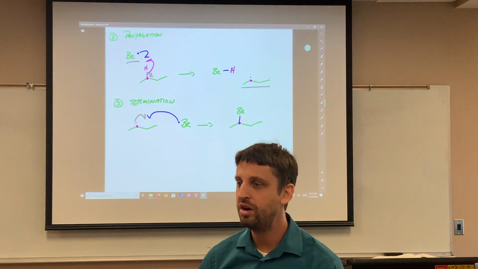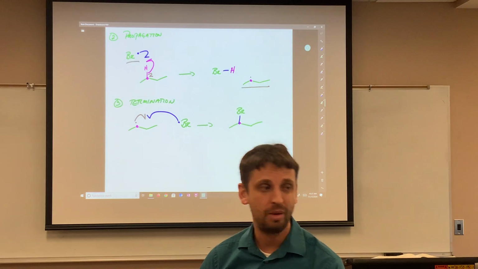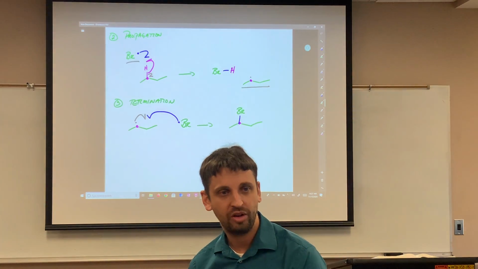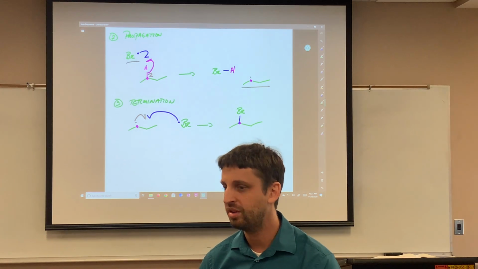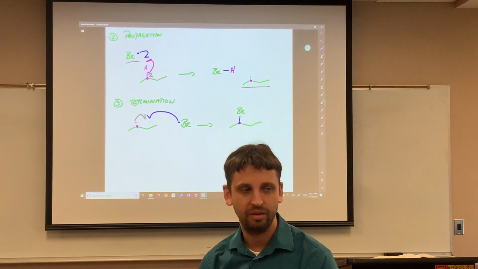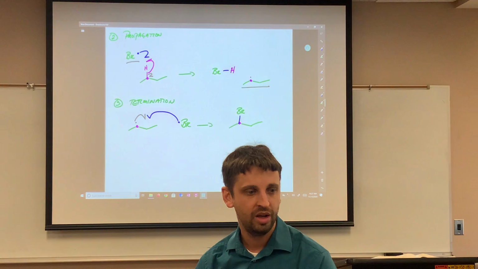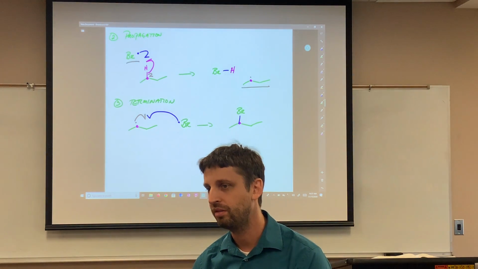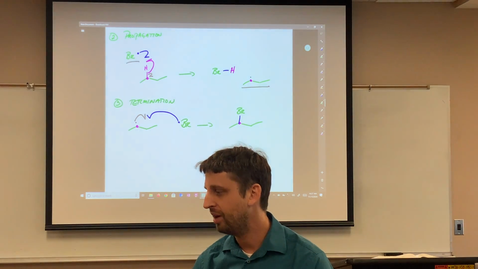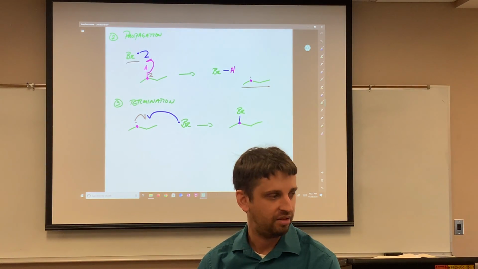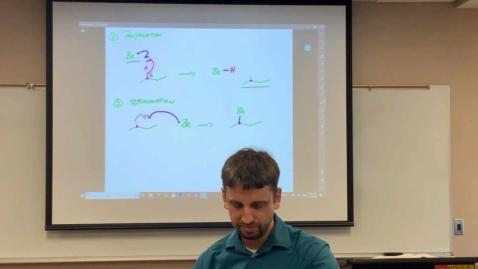And we're going to have to learn about what happens at that propagation step, because that's going to cause problems. So we're going to have to come back and put some polish on this, but this is the mechanism. If I ask you guys to show me the mechanism for a radical halogenation, this is what it is. In reality, it gets kind of messy, but we have to come back and introduce a couple of ideas first. Sound good? Cool.